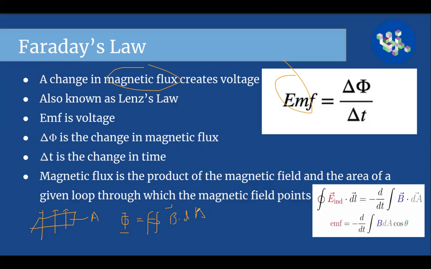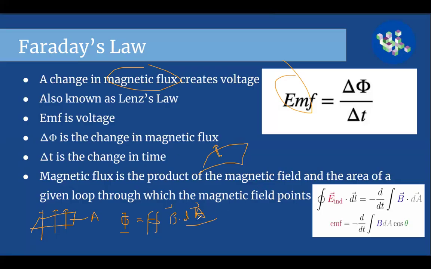vector. And by the way, the dA vector is, if I have a surface over here, maybe it's a curved surface, the dA vector represents an infinitesimal area, and it will have the magnitude of the infinitesimal area, which is dA, and its direction will be perpendicular to the surface.